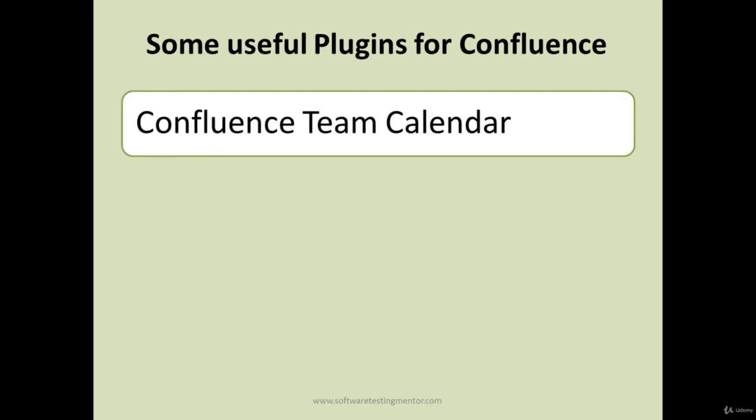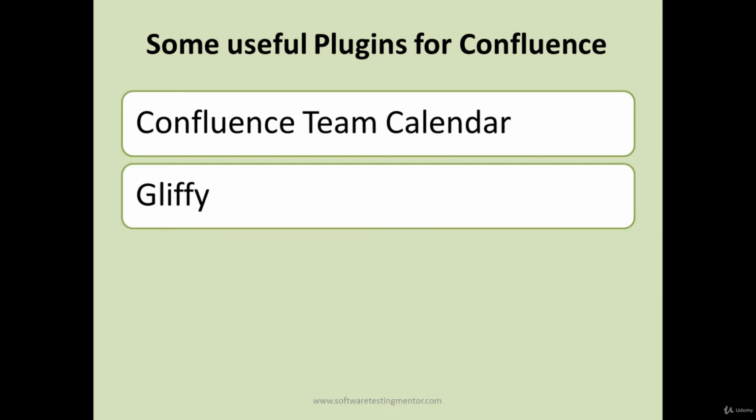If some team member is going on leave, you can manage it there. You can track the progress of the project, and you can plan different events in Confluence itself using this add-on.